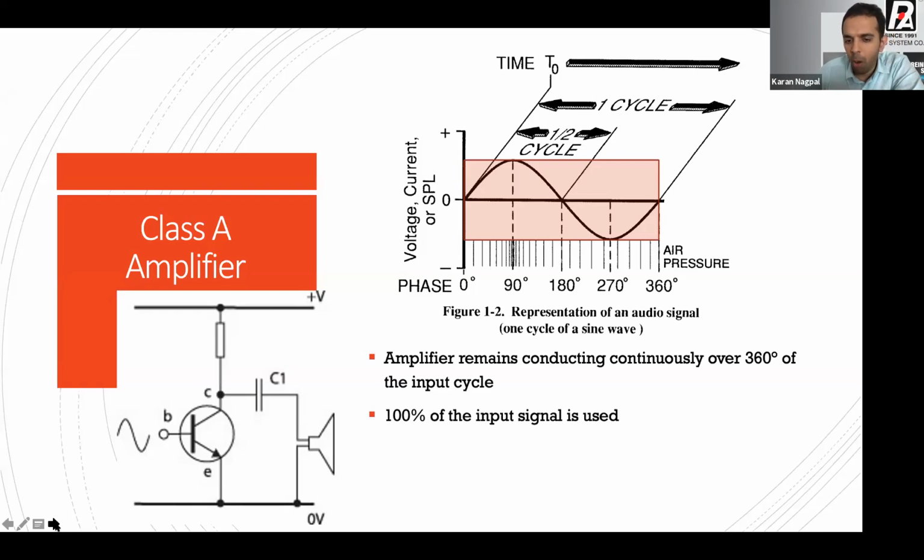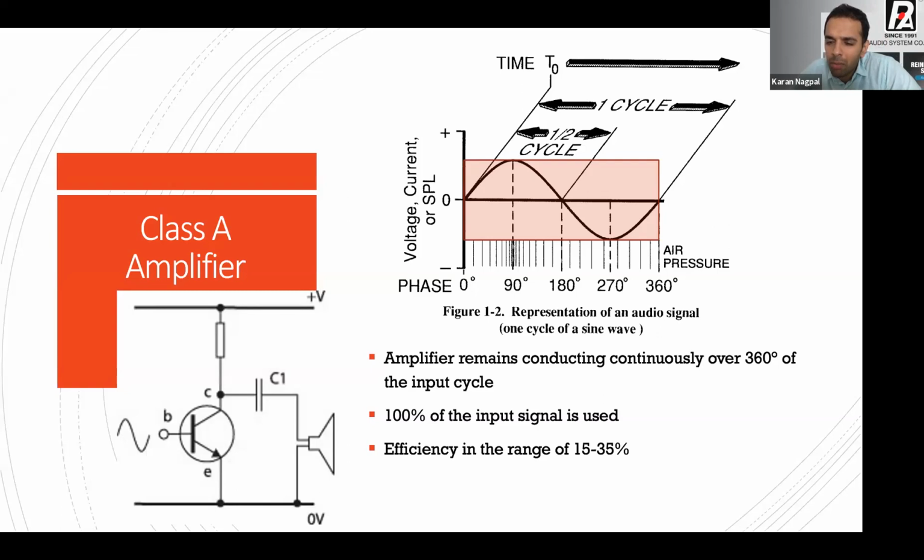The problem with it is that, of course, you're using 100% of your input and output, but it's not very efficient, because even if you're not providing any output or input, your amplifier is continuously in the on state and continuously dissipating everything in the form of heat. So it's not very efficient, although some old enthusiasts still say it's the best sounding amplifier.